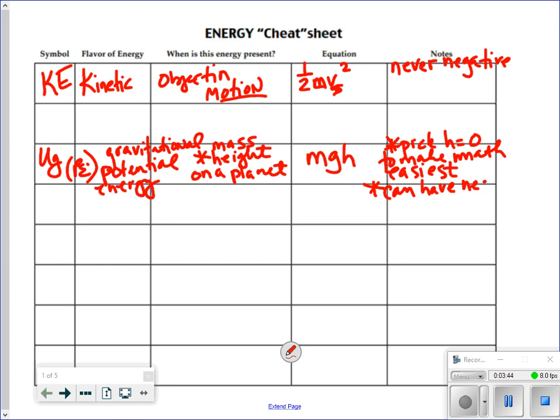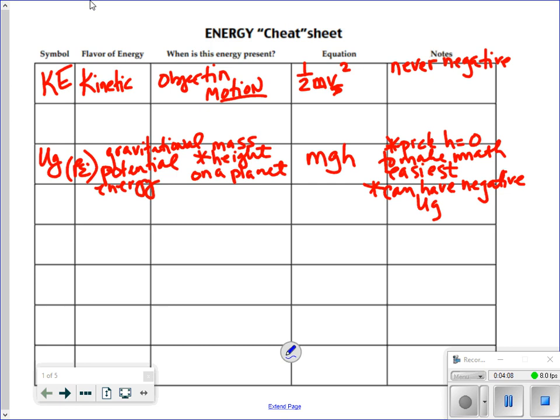So don't be shocked if you see an occasional problem where it doesn't seem that intuitive, that you end up with a negative value for potential energy or a negative height. That's not a problem, but you do usually pick your height so that it is easier for you to work with it mathematically. It's totally up to you.